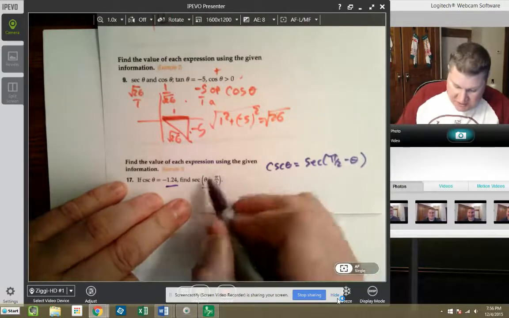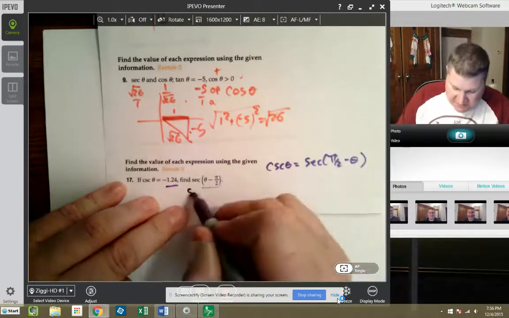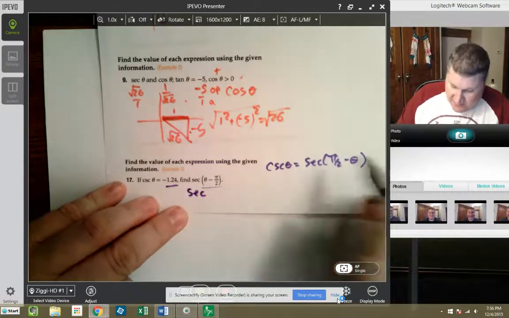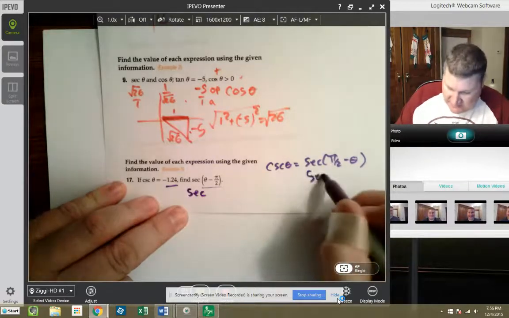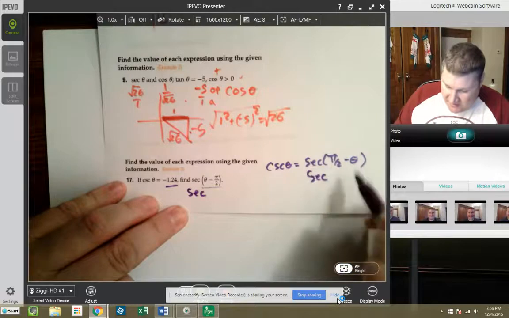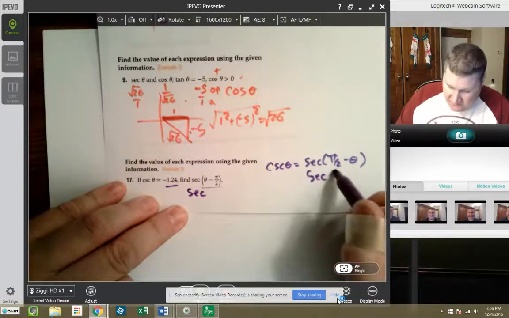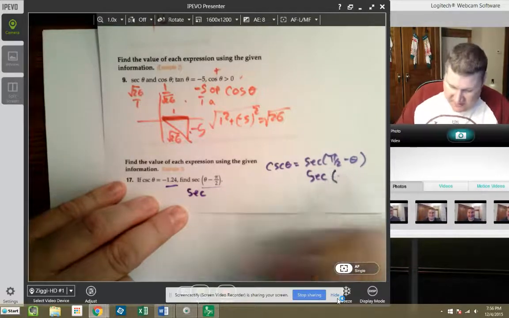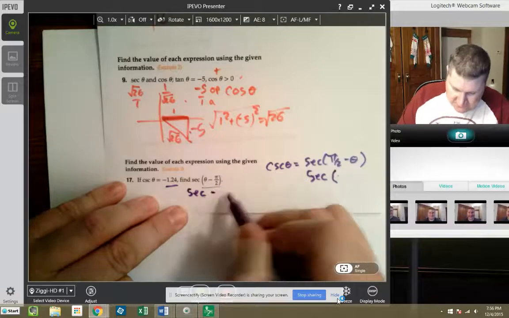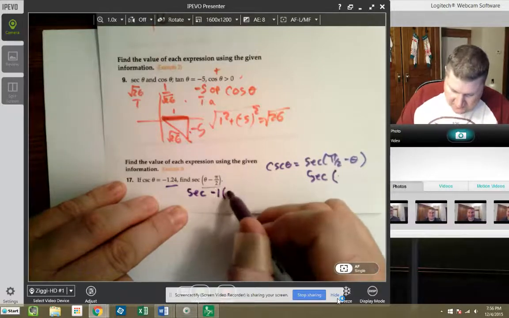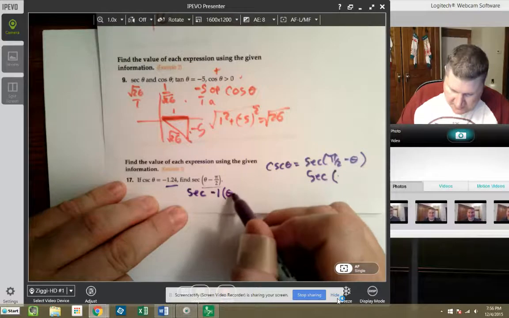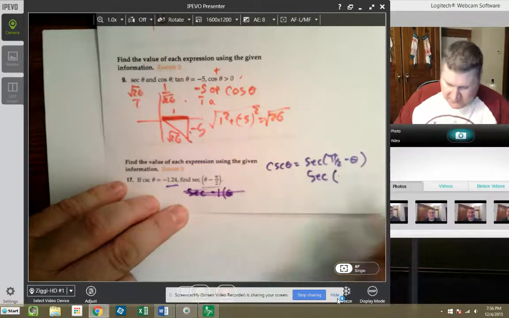So what I need to do is I need to turn these around. So to make secant, well, here, let's make it over here, secant. And if I want to turn this around, I would say negative 1 times theta. Well, here, let's get some more paper.